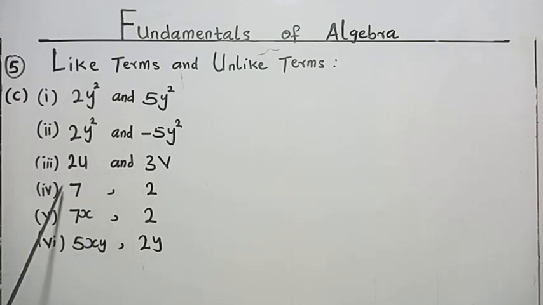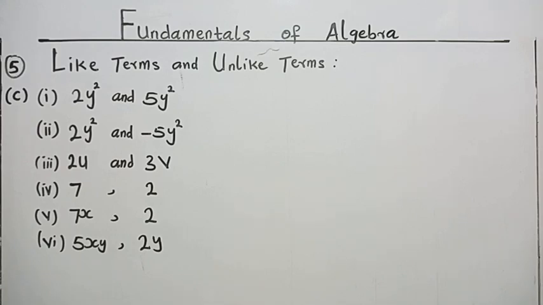What about the number 4, 7 and 2? Are they like terms? Remember, in that definition we said separate number expressions in which the same thing is being quantified. In this case, 7 and 2 are quantifying nothing, but we still call them like terms.